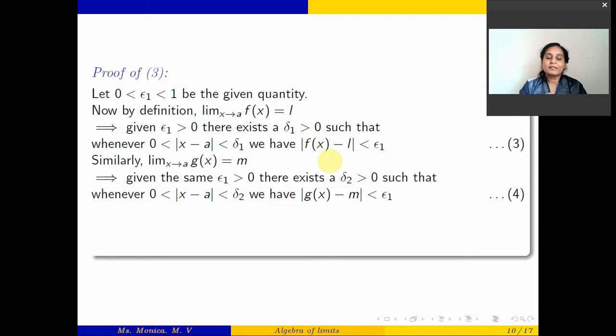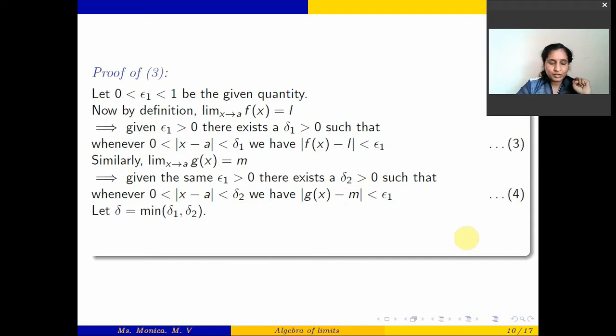Okay. Similarly, I am given the second limit, the limit as x tends to a of g of x is equal to m. Therefore, for the same epsilon 1, I can find another delta 2 greater than 0 such that whenever the distance between x and a is greater than 0 and less than delta 2, we have the distance between g of x and m less than epsilon 1. I have called these equations 3 and 4.